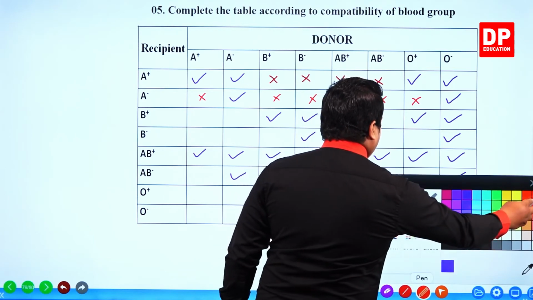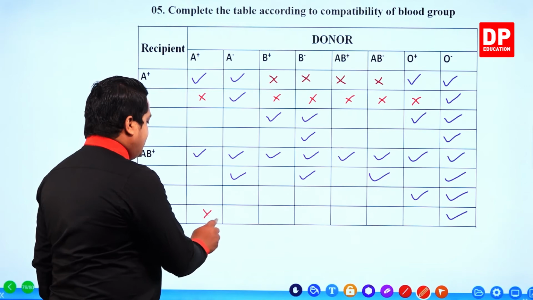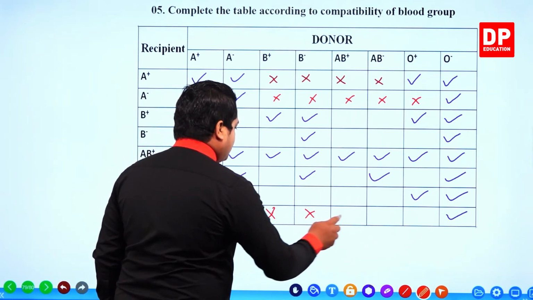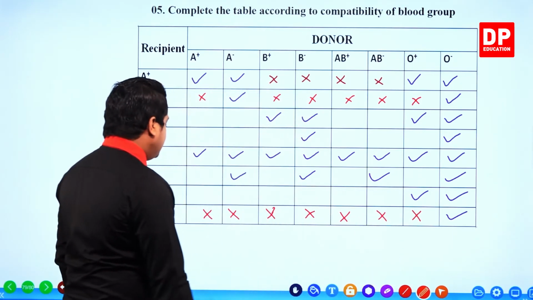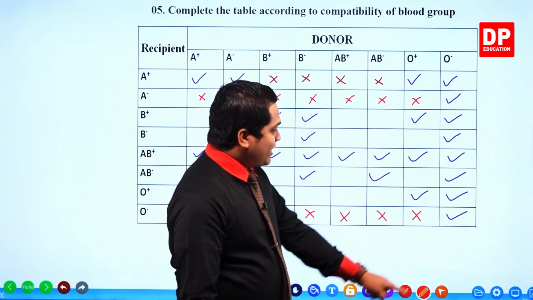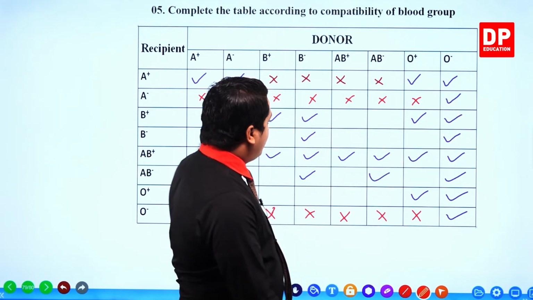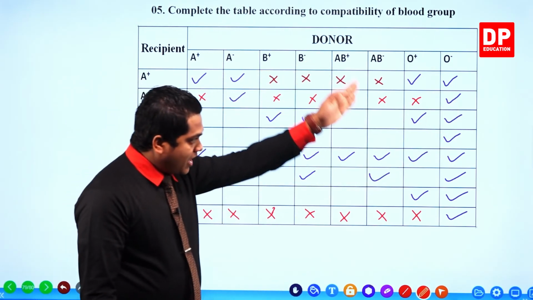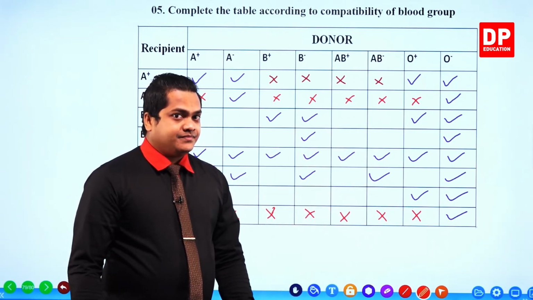So O minus blood group is very rare, my dear children, and it is very valuable also. Why is O minus very valuable? Because O minus, as you can see here, can donate blood to any of these people. Downward you can observe all the things have been ticked.